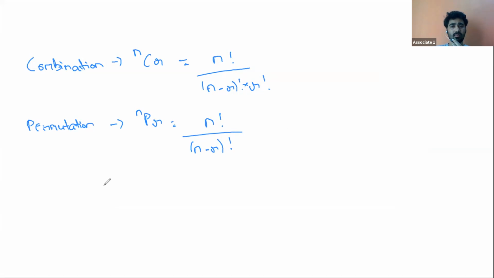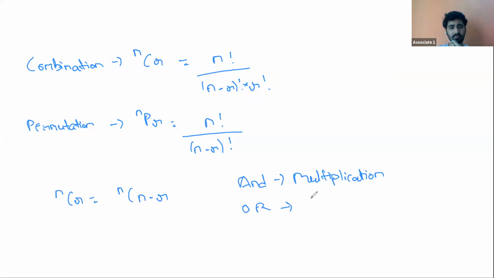So this is there. Also, your nCr is equal to nC(n minus r). Whenever we have 'and', we do multiplication. Whenever we have 'or', we do addition. These are the operations.